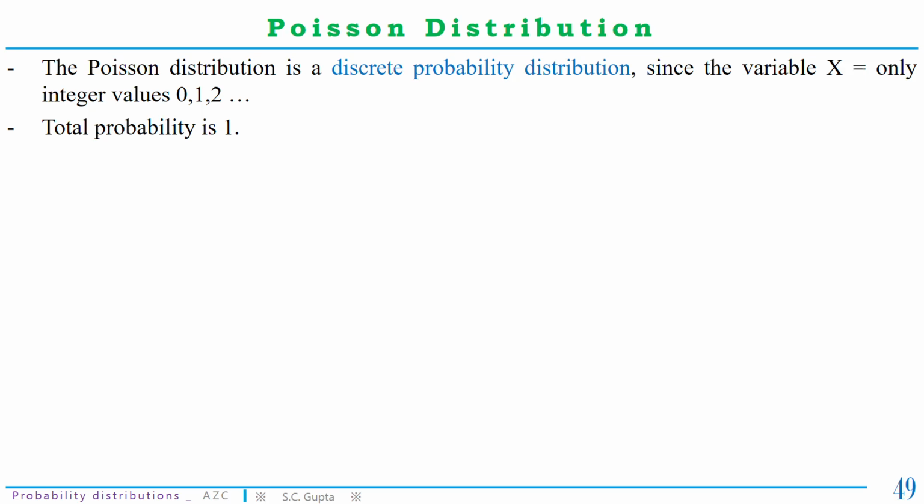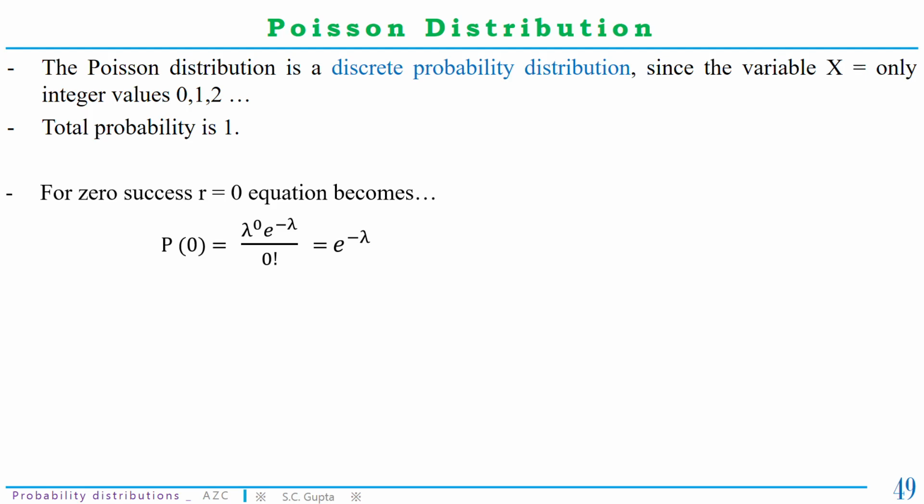The Poisson distribution is a discrete probability distribution. Since the variable x takes only integer values, the total probability is 1. For zero success, the equation becomes: probability of zero success is e to the power of minus lambda.